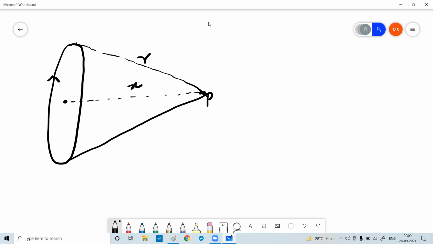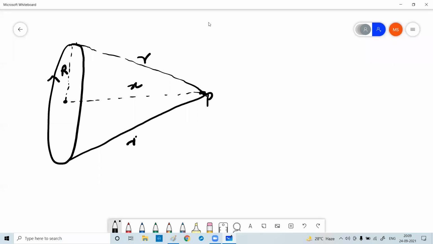And here the radius of the coil is R. Agree with me? Is the figure clear to all of you? You are considering a point P and you want to find out the magnetic field due to the current carrying loop at point P.